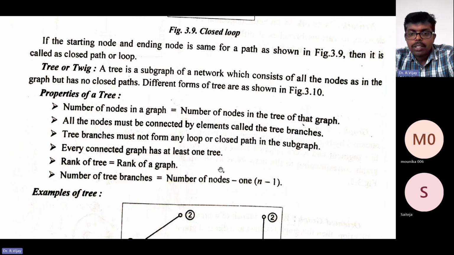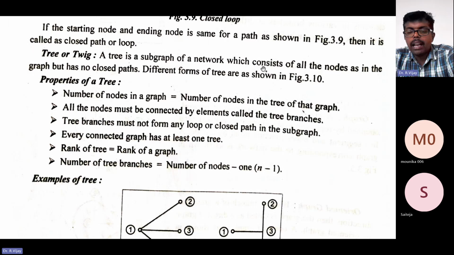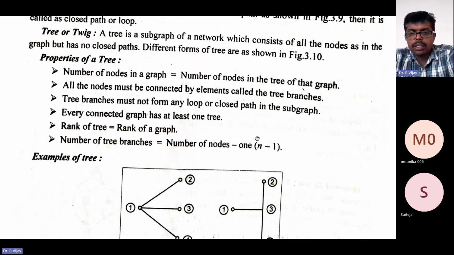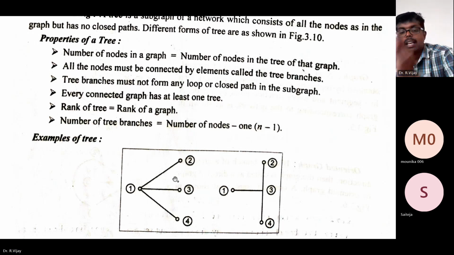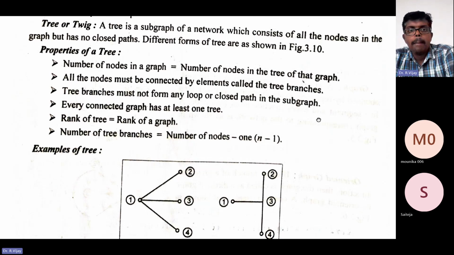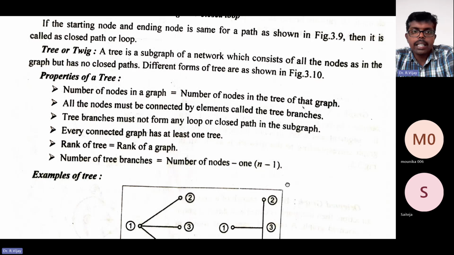So from the previous graph, it consists of all the nodes, but it should not have any closed path. So here also no closed path, here also no closed path, like this. So that is called a tree or twig.